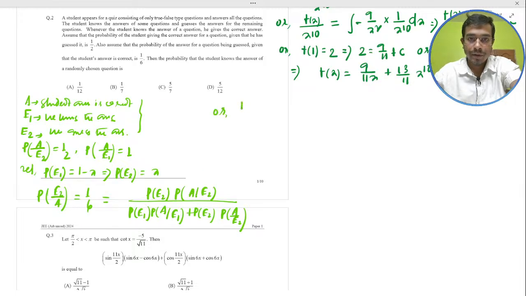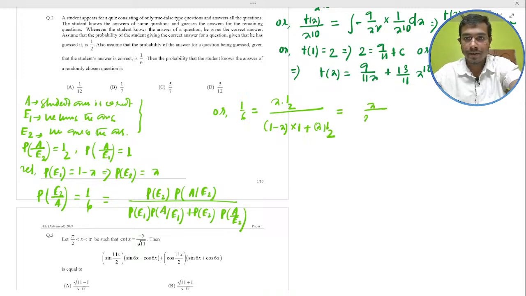So this is 1 by 6 equal to x into half divided by (1 minus x) into 1 plus x into half. This will become x by 2 minus x.